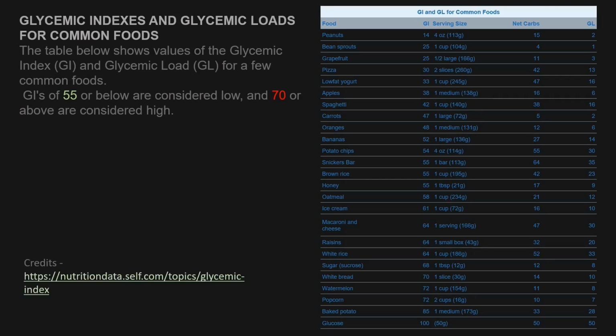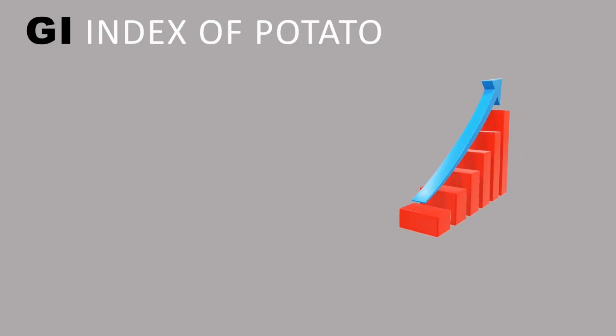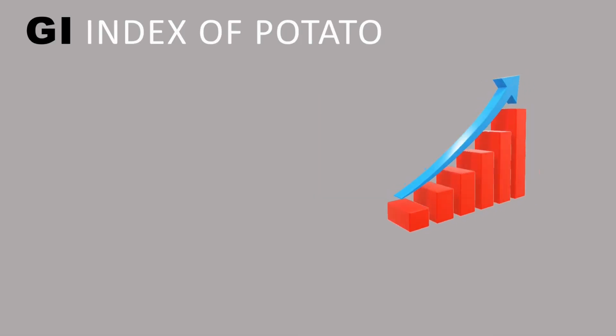All right, so we move to the GI index of potato. Why are we concentrating on potato today? Because purple yam is under the umbrella of potato, of the tubers that grow underground or right above ground via roots of the host plant.